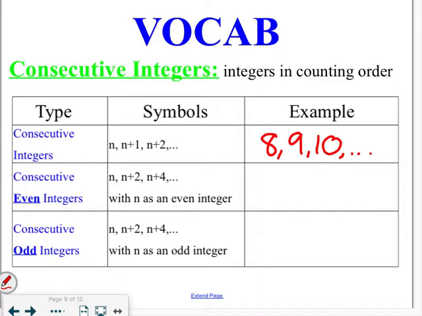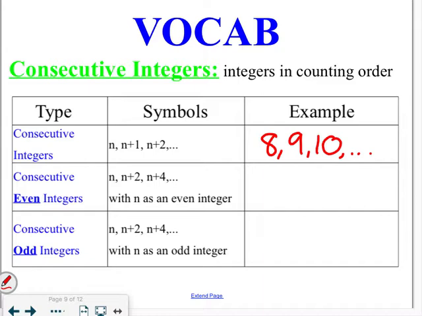We also have two more specific versions talking about consecutive even or consecutive odd. If you notice, the pattern or the symbols for both of those are the same. N plus 2, n plus 4. With the even integers, n starts as an even number.